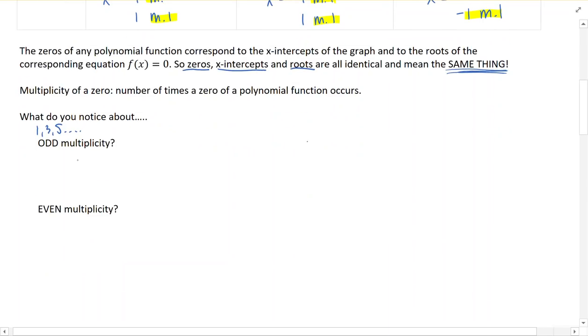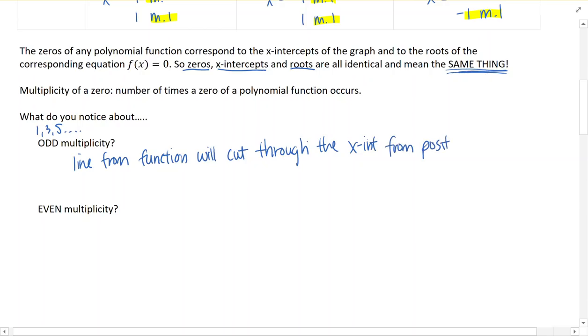So I'm going to write a note that the line from the function will cut through the x-intercept from positive to negative, or negative to positive. So it goes right through, okay?